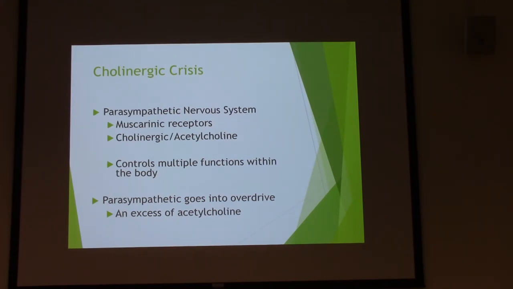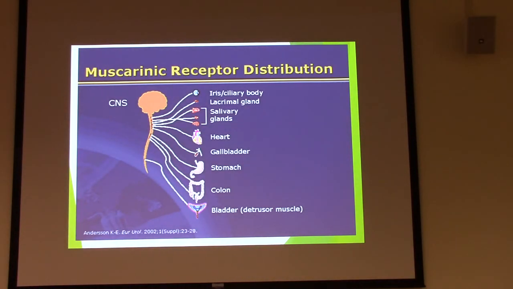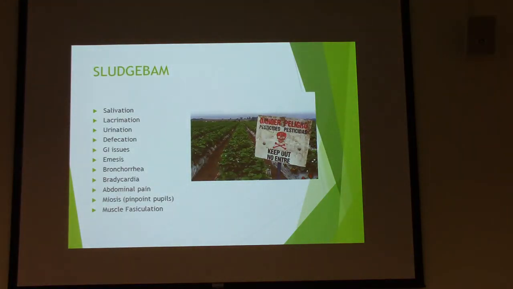Basically, the parasympathetic system goes into overdrive at that point in time. And that's why we have the running of the eyes, the running of the mouth, the nose. The heart goes, gallbladder, the intestinal drive, stomach, colon, bladder. And so the only thing that we can do at that point in time is give them the atropine.